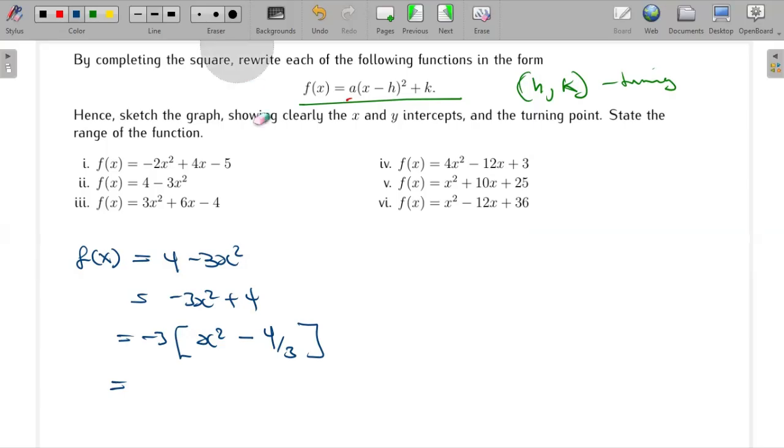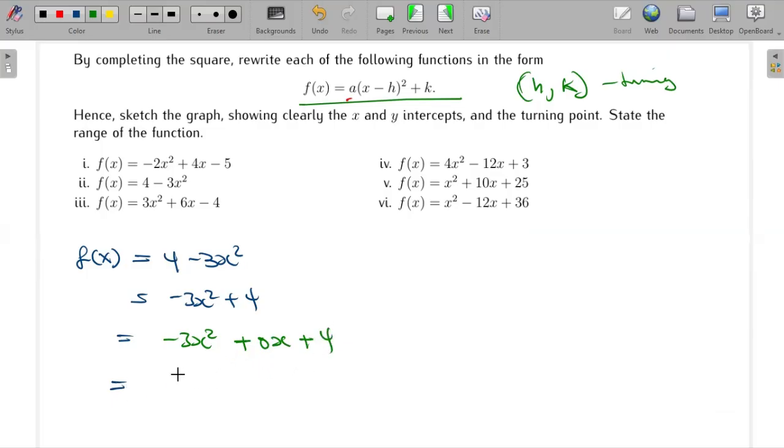When you notice this, before you proceed, you can write this in a form that is negative 3x squared plus, or if you put minus, it doesn't matter really, whichever you go for won't change anything. So you say 0x and then plus 4.